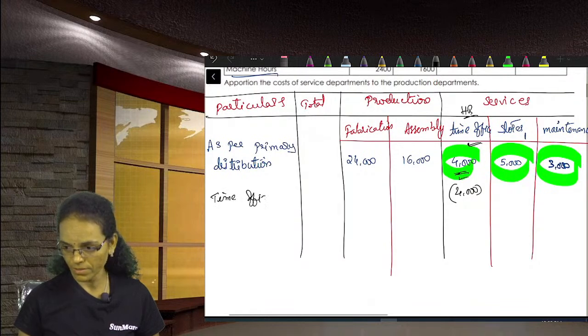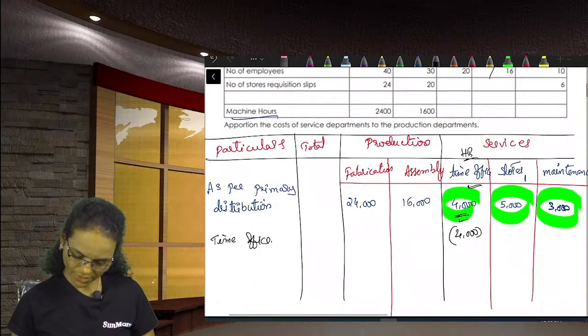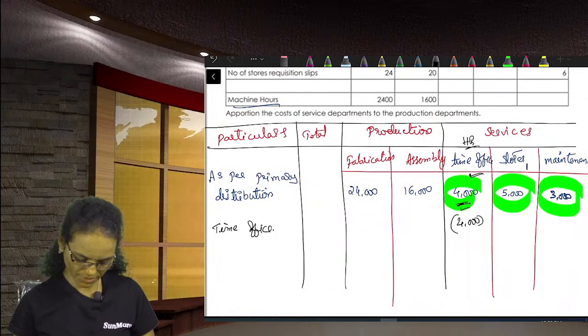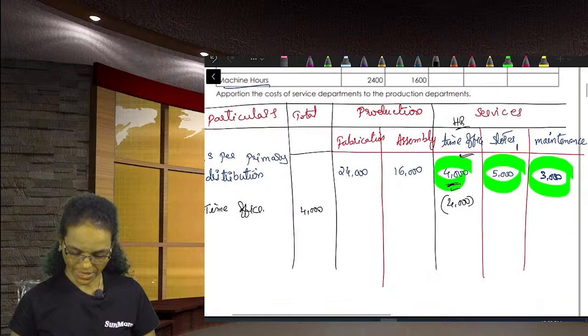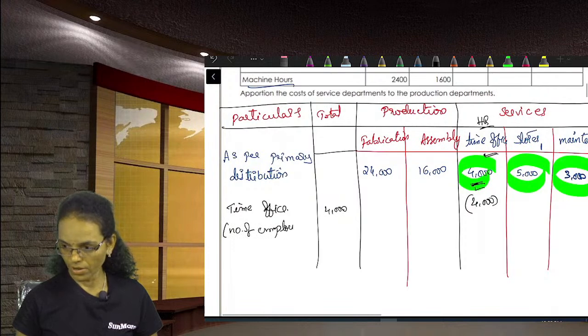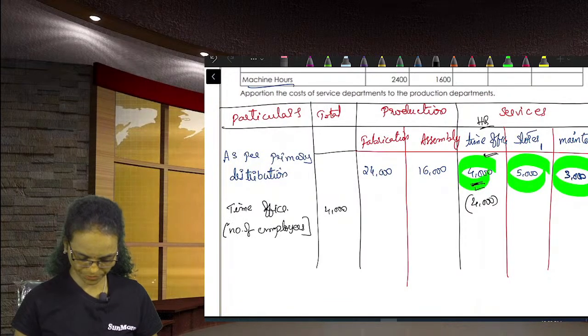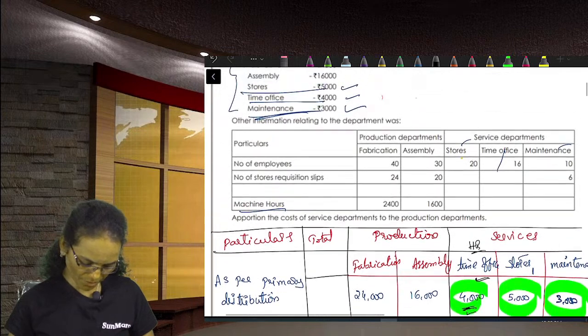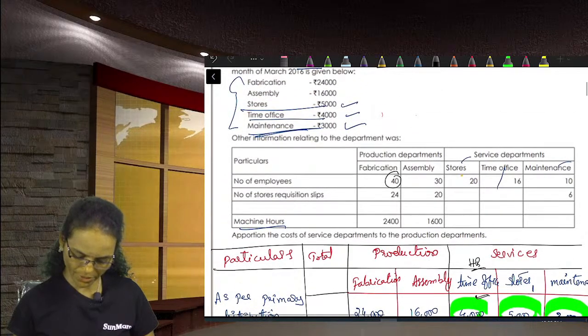Time office: what is the expenditure for the time office? 4,000 rupees. This total amount of 4,000 rupees is to be distributed on the basis of number of employees in each department: 40, 30.